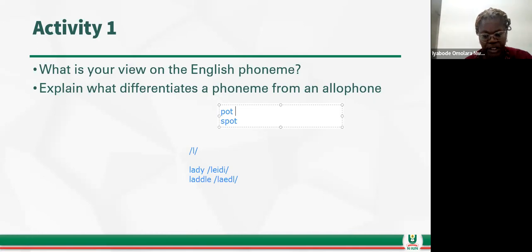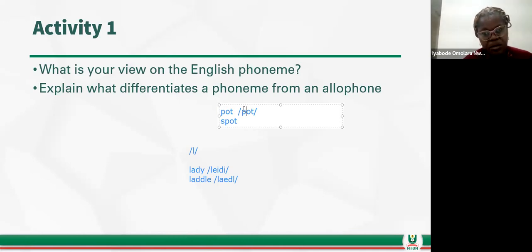Now, phoneticians and phonologists will tell you that these are two different sounds. So you have spot here, but this P here, I don't know if there's any sign for aspiration. There seems not to be.